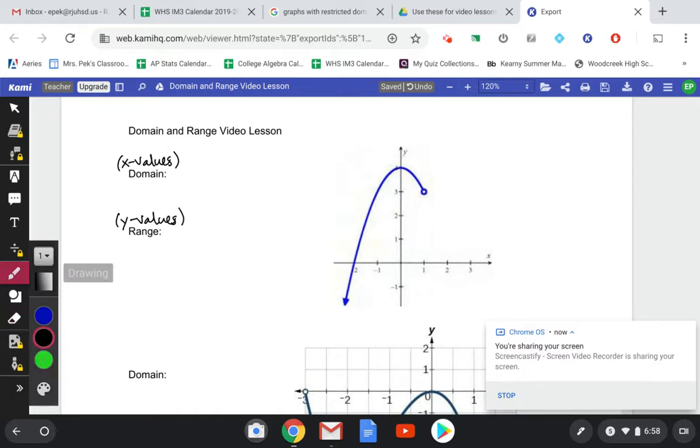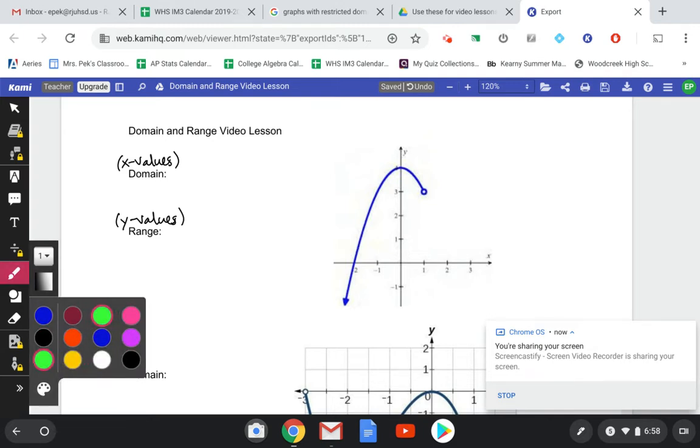So if we look at this graph here, the x values go from this starting point, and this side of the graph has an arrow, which means it's just going to keep going left and down forever and ever.